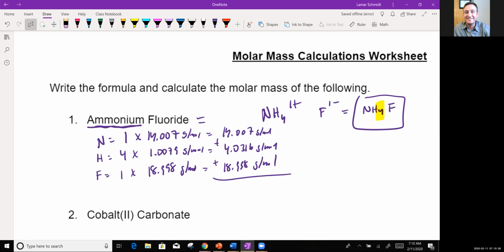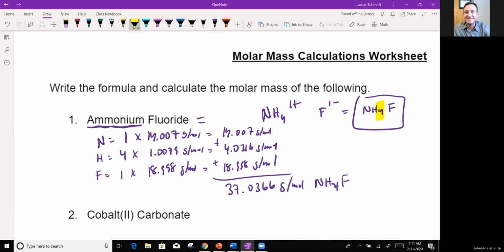All right, and so add all those up, and you're going to get the mass of 1 mole of ammonium fluoride. So what you simply do, just plug those in your calculator. And you should get 37.0366 grams per mole of NH4F.